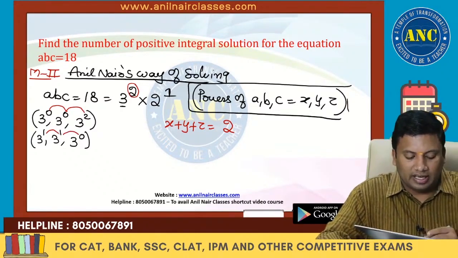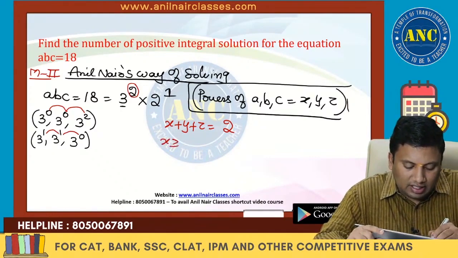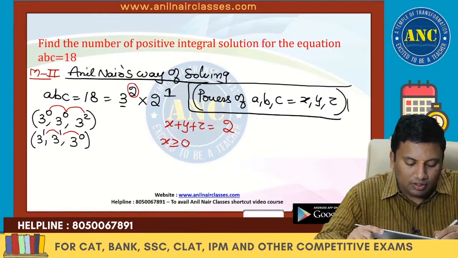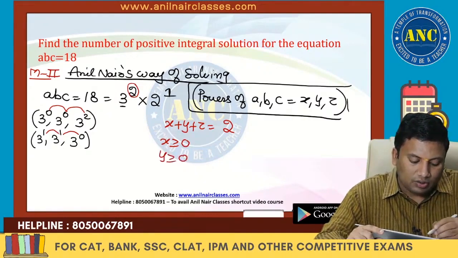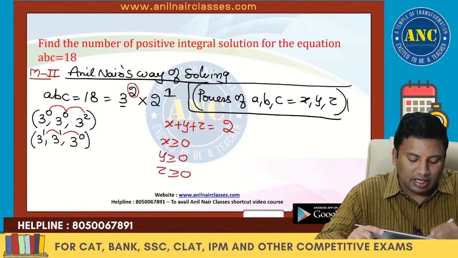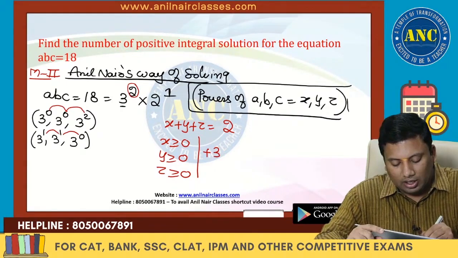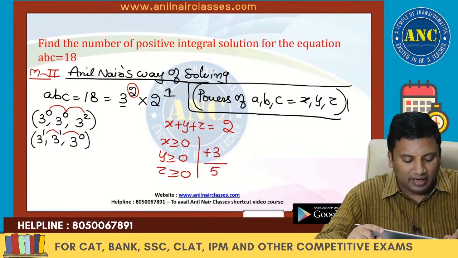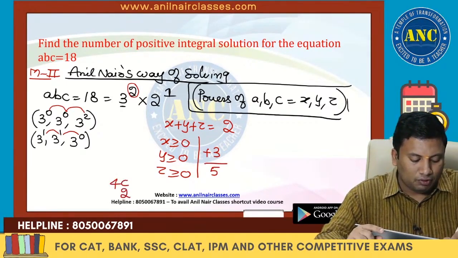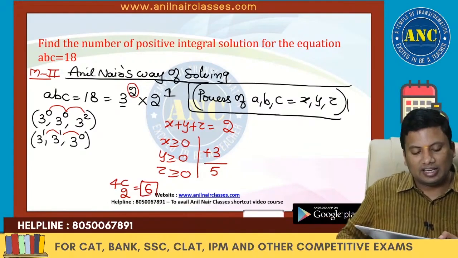Are the powers taking 0? Yes. x is greater than or equivalent to 0, y is greater than or equivalent to 0, z is greater than or equivalent to 0. So add 3: 2 plus 3 is 5, which gives 4C2. Total how many ways did we get? 6 ways we got.